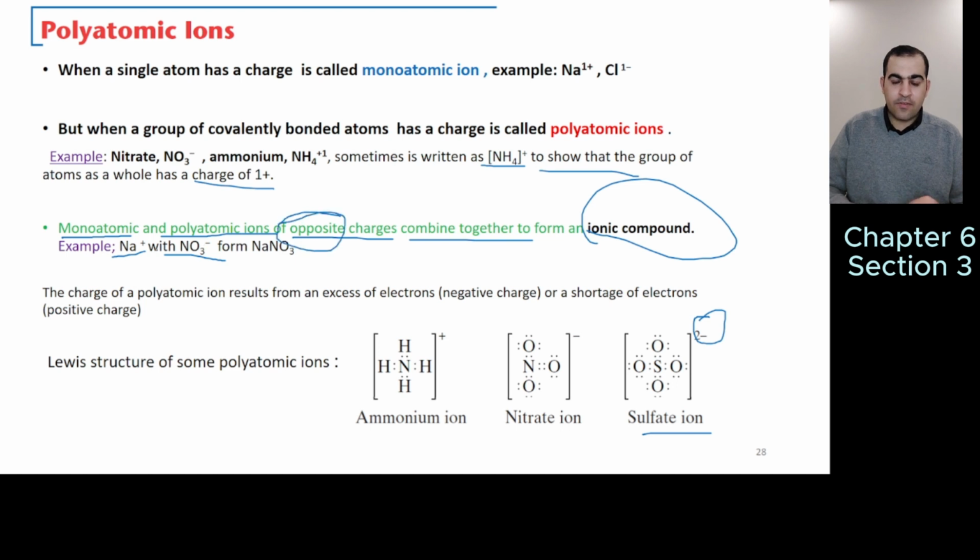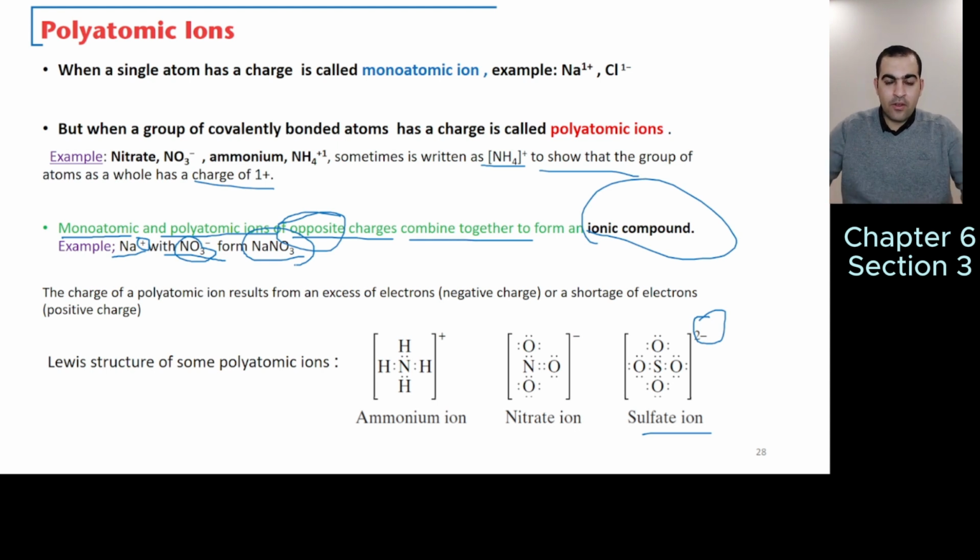It's not that both are negative, because one loses and one gains. Sodium loses 1 electron, and NO3 as a whole gains it. This is how NO3 is made. When they combine, NaNO3, sodium nitrate, will be produced.